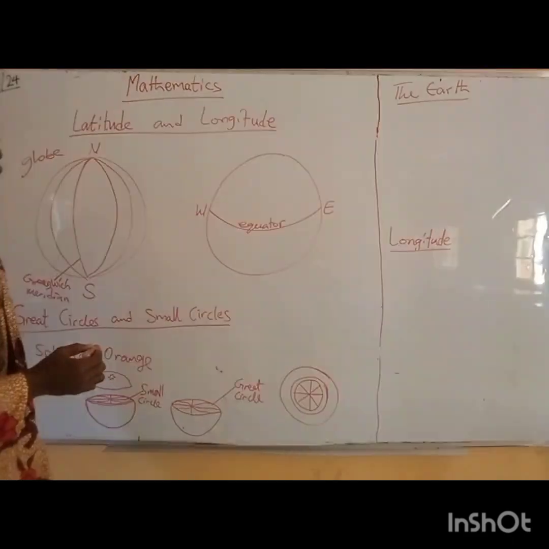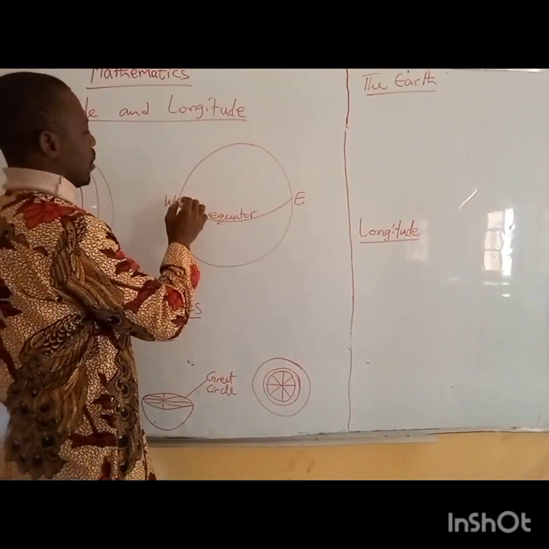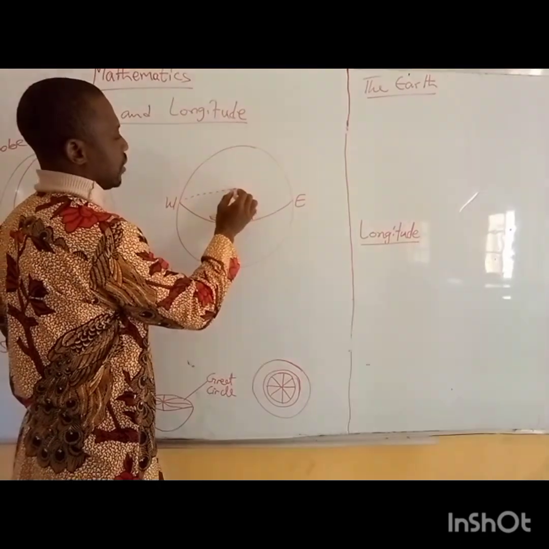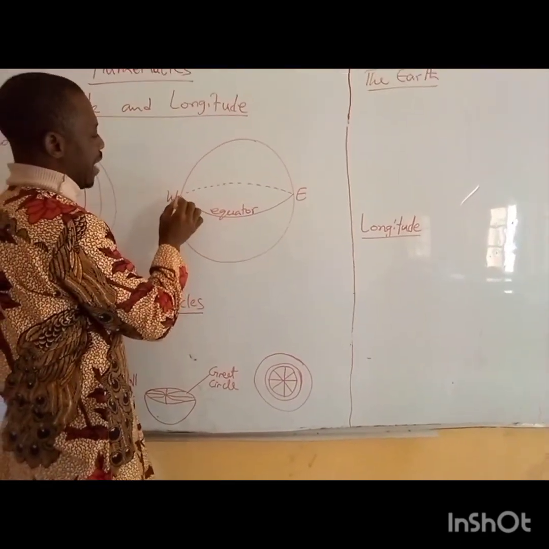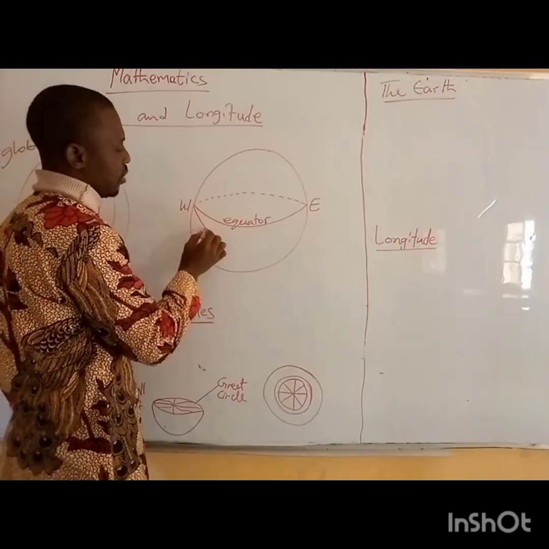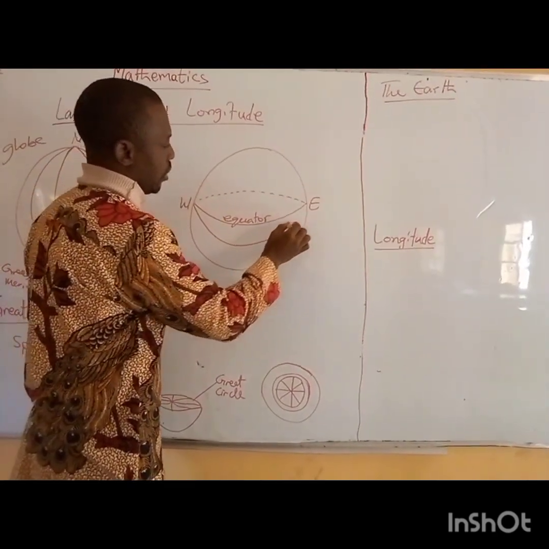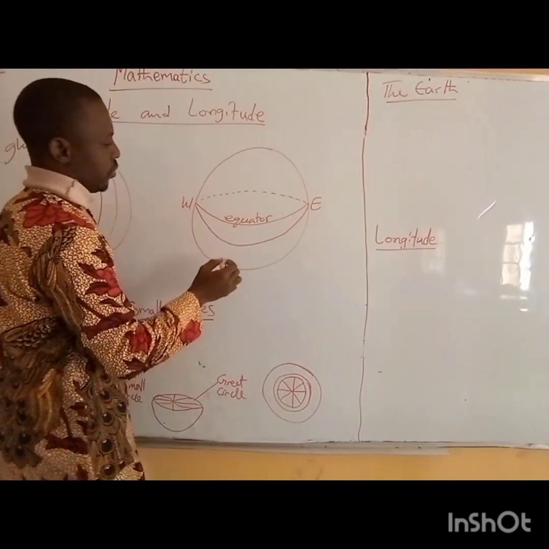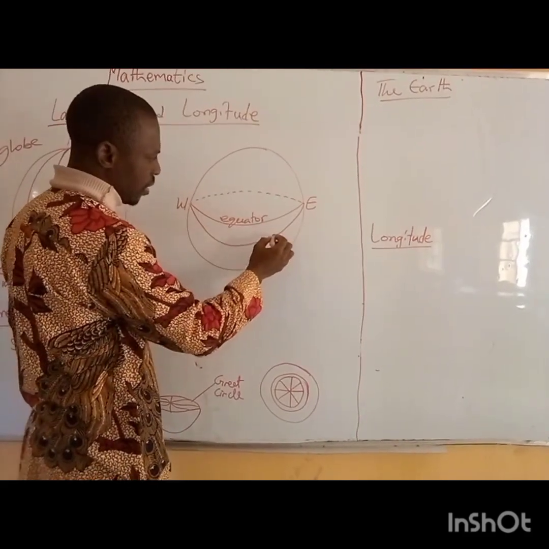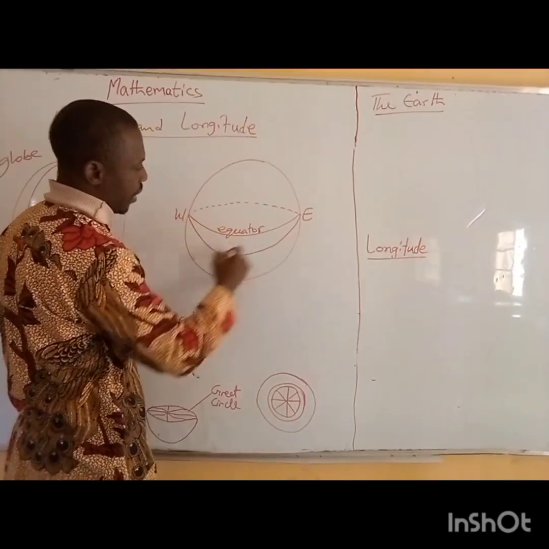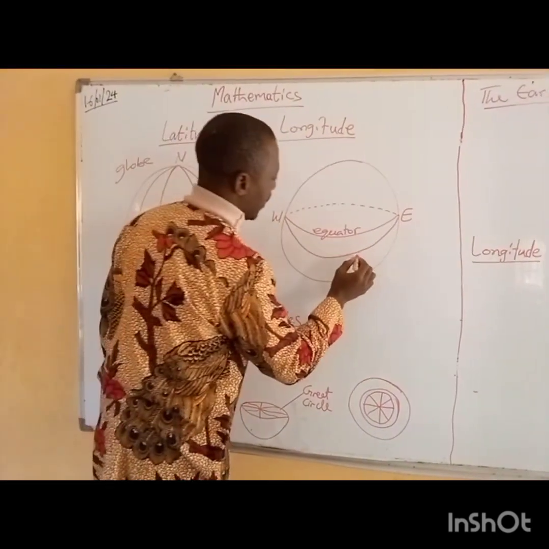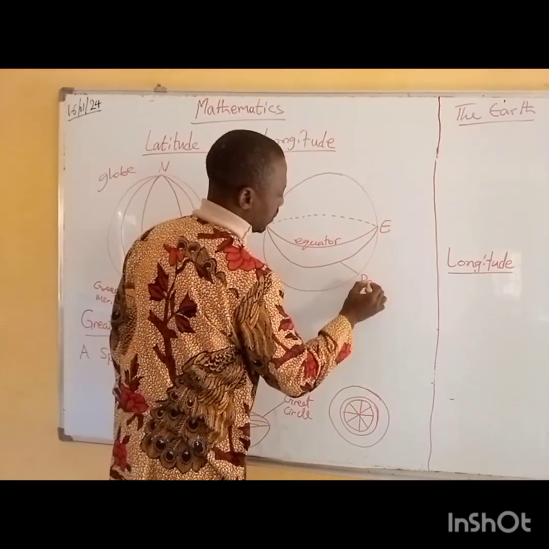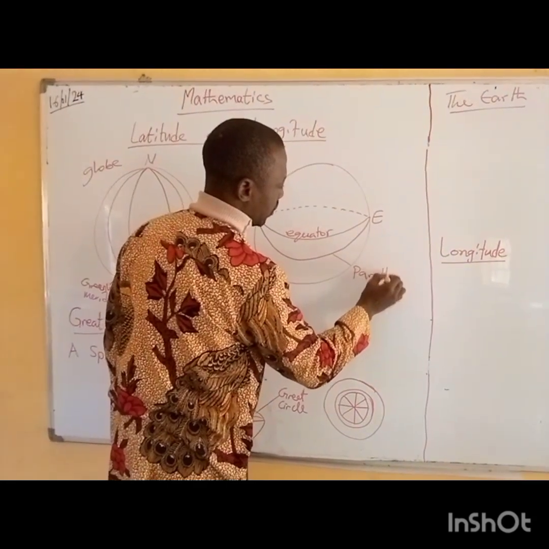and we also have other lines that are parallel to the equator. Those are referred to as parallel lines of latitude.